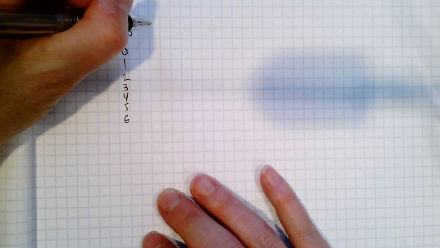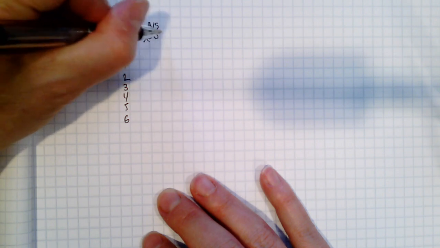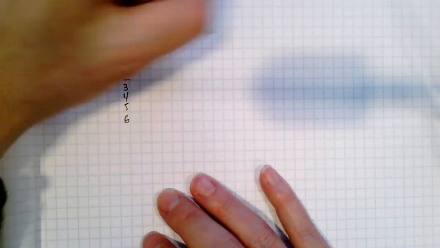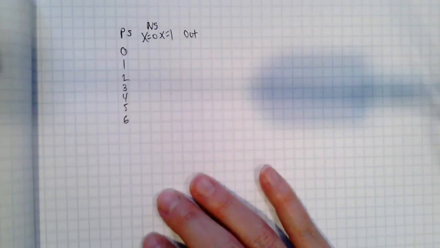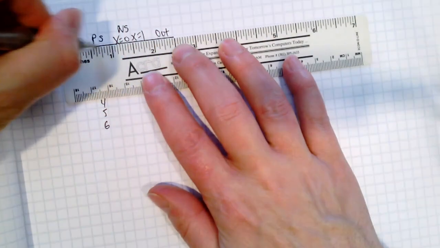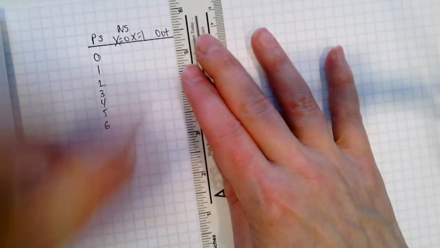And then for next state, we'll have x equals 0 and x equals 1. And then we'll have an output. And what we'll do, I think, is we'll start with a box. Just to sort of keep things neat.